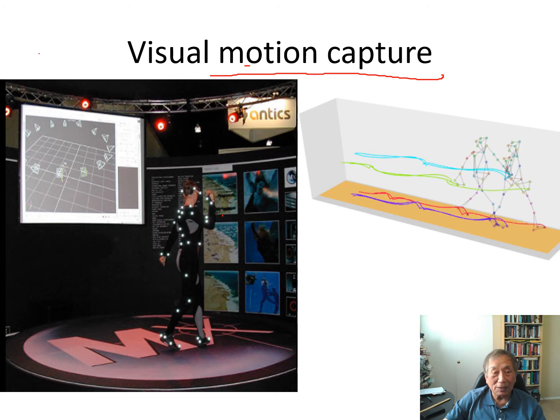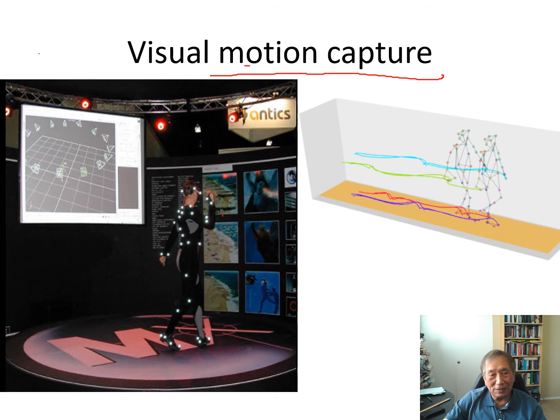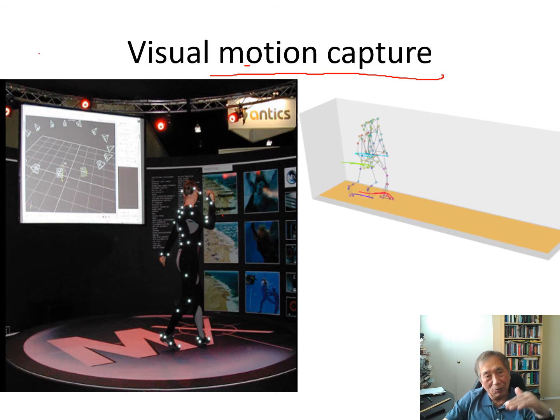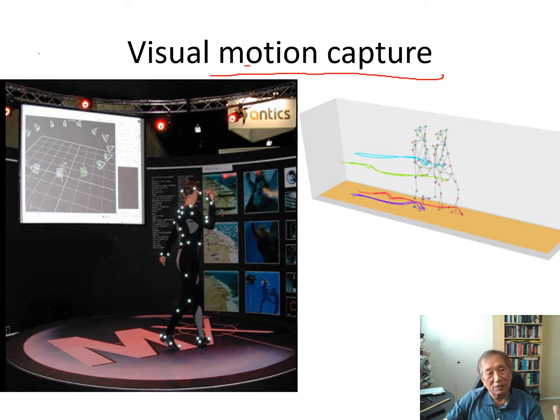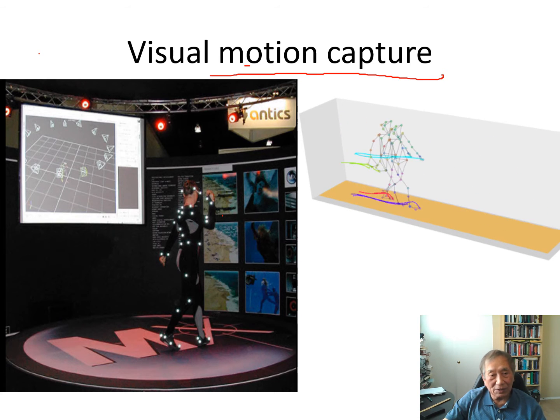So here we see those stick figures, those dots and lines moving, and then just adding some more. Hopefully you see those blue lines are the track of the hands' movement, and then the green one is like the knee part, the thigh part, and the red one is the left foot, and the purple one is the right foot, like that.